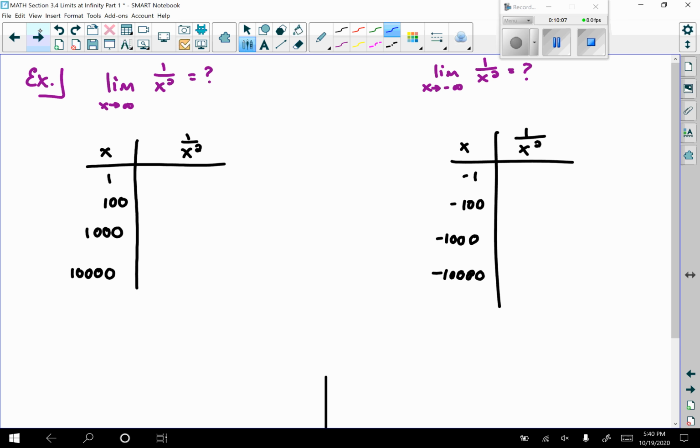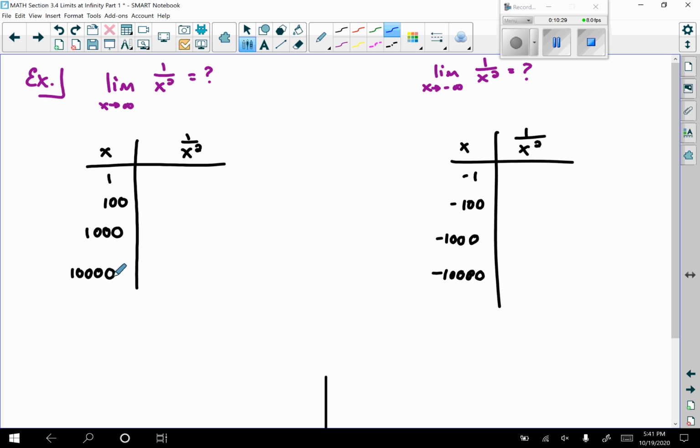All right, so we're going to explore this just by using a table and then look at the graph as well. So here I have the limit of 1 over x squared, and this is that same format of 1 over x to the r as x increases without bound. So I just made a table of some values here. Notice my x keeps increasing rather quickly.